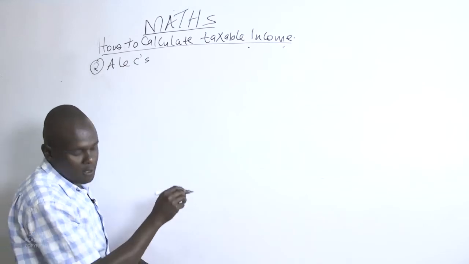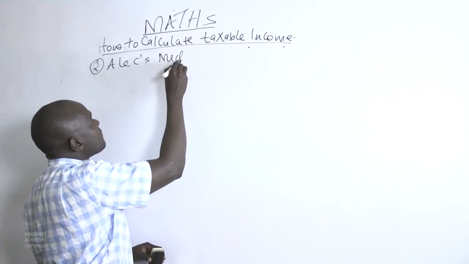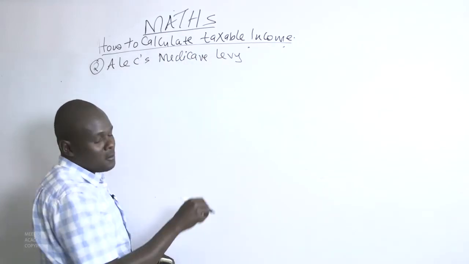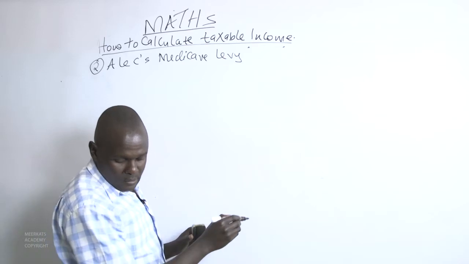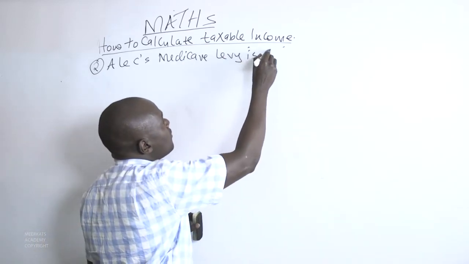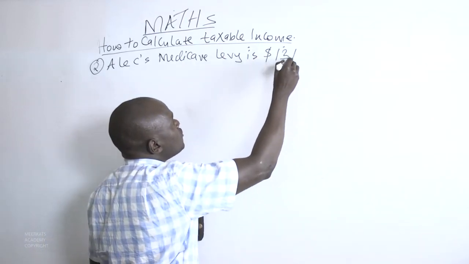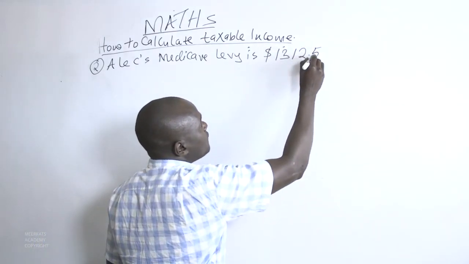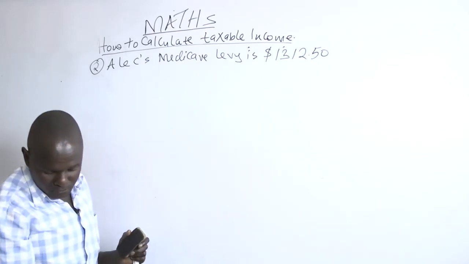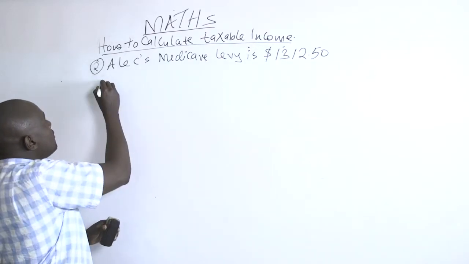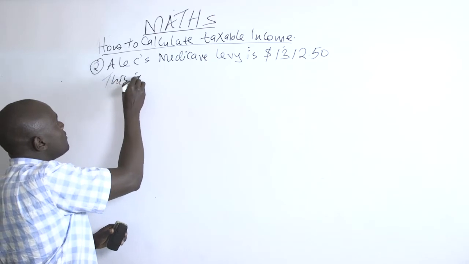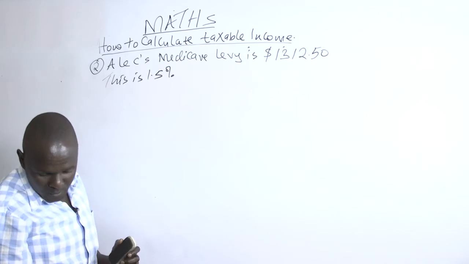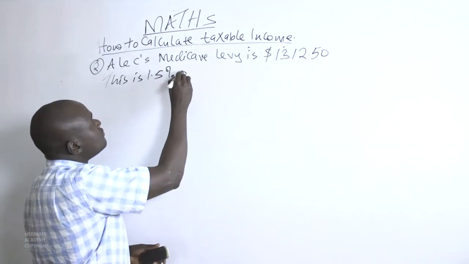Alex's Medicare levy is $1,312.50, and this is 1.5% of his taxable income.